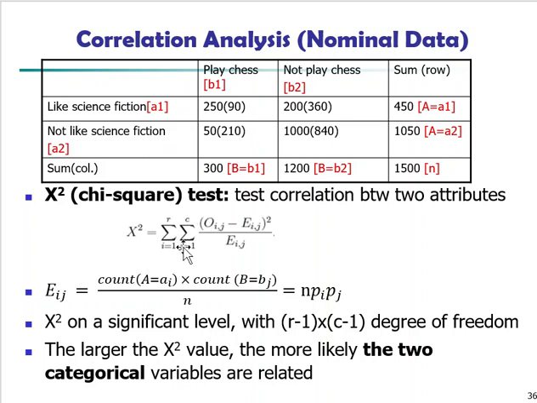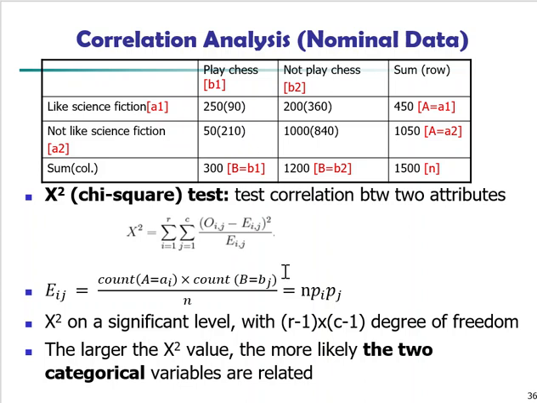This formula tells us we're going to find the squared difference between the observed value, O_ij, and the expected value, then divide or normalize that by the expected value, and add all those individual terms together.